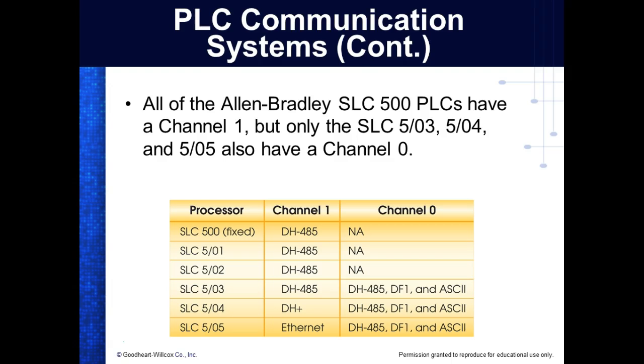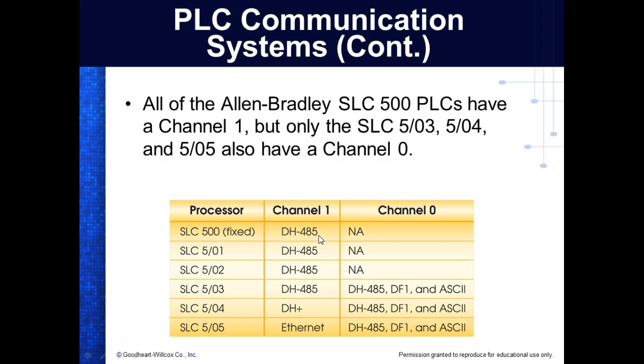We call them 504s, but technically it's 5/04. So it's actually PLC 5 revision 04. But most people, when they talk about these, just call them 504s or 502s, and they don't put the slash in. This tells you the communication channel.